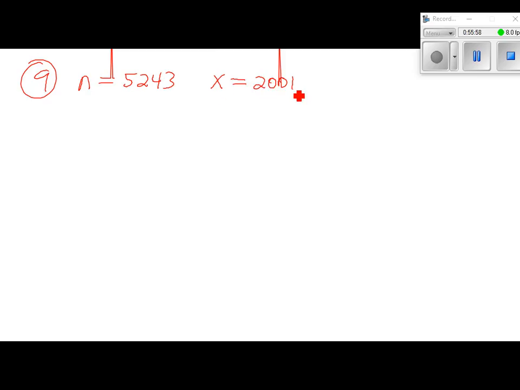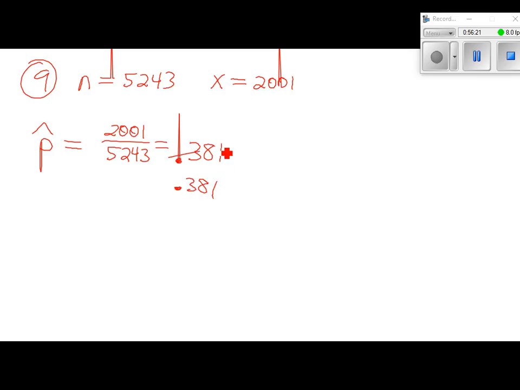Those are the successes. How do we find P hat? X divided by N. So we take 2001 divided by 5,243. Somebody help me out. 0.381.